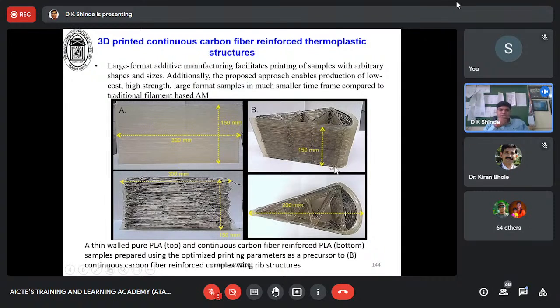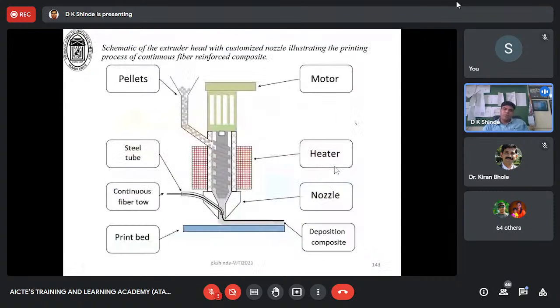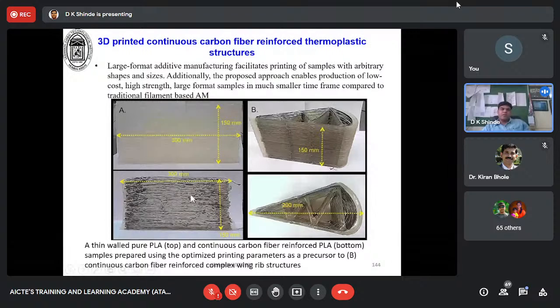Some of the structures built here, if you look, this entire extruder will be moving on the large bed using automated robotic arms, and this is the structure they have built.